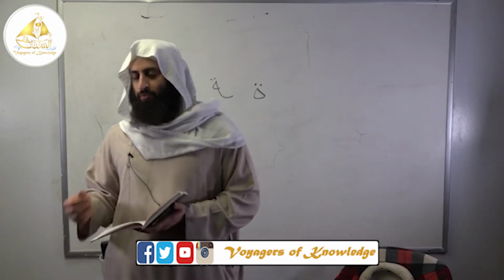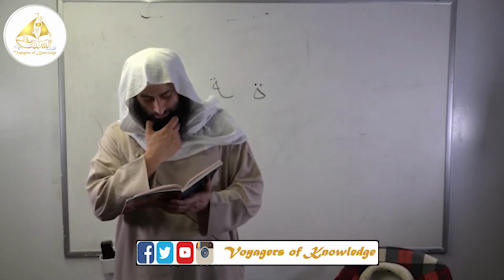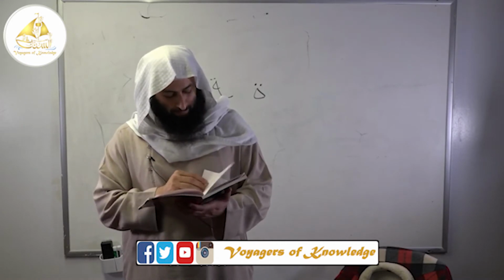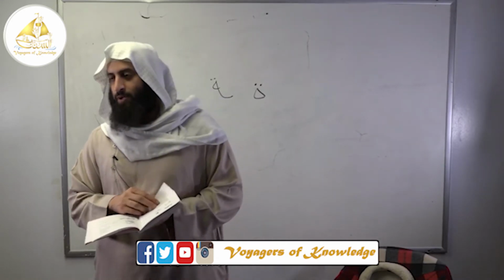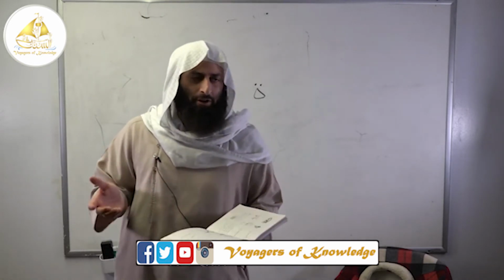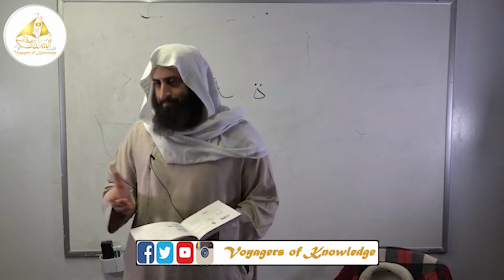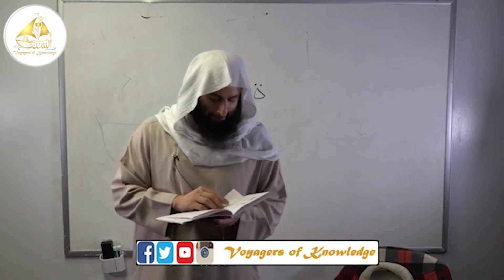It's مضاف and مضاف إليه. So where is the meat pot? Or it could even be that meat's in there. Where's the pot of meat?